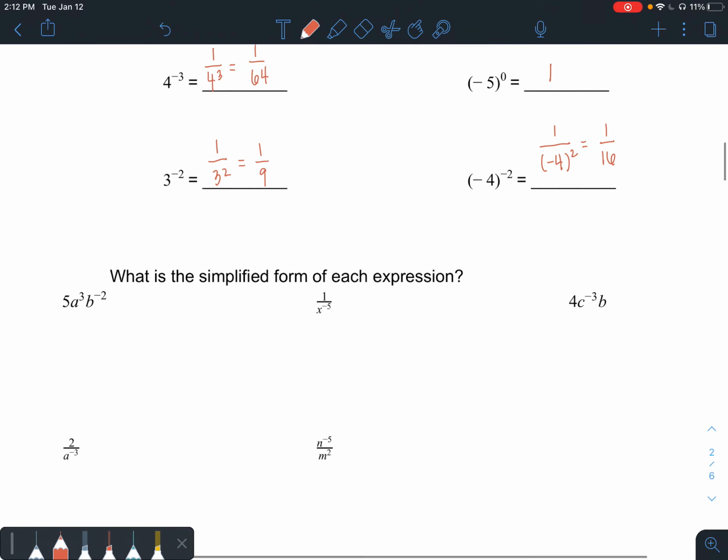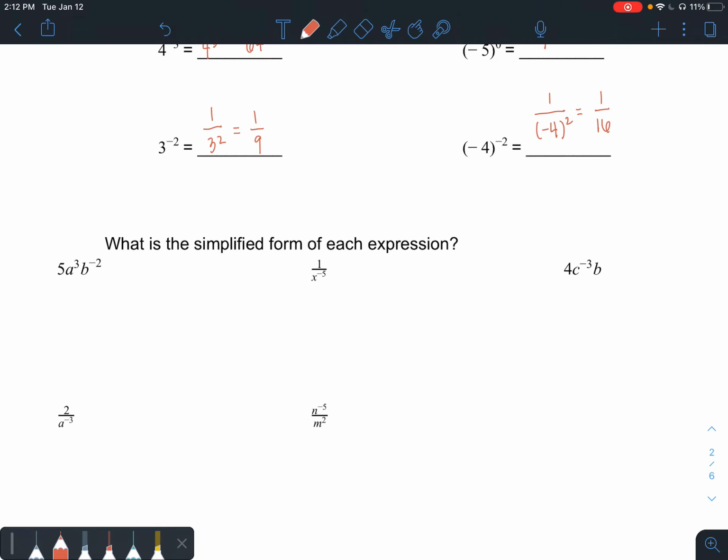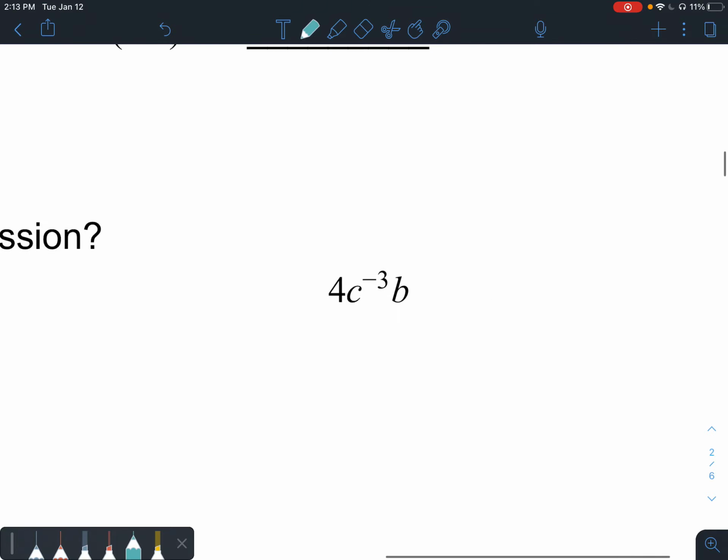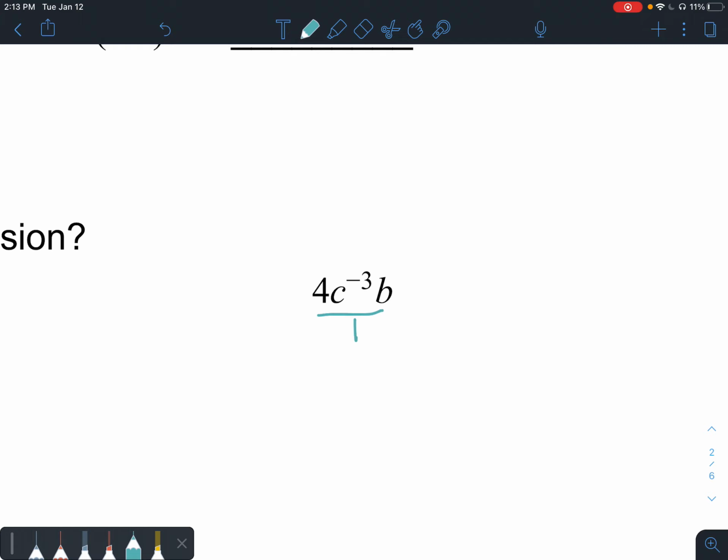Let's look at this next set of problems here. Okay, so 5a to the third b to the -2. That -2 is a no-go. What we'll do is we'll take that 5a to the third, keep it the same, but that b squared has to move to the bottom. This next one here, 4c to the -3 over b, we'll put that over 1.